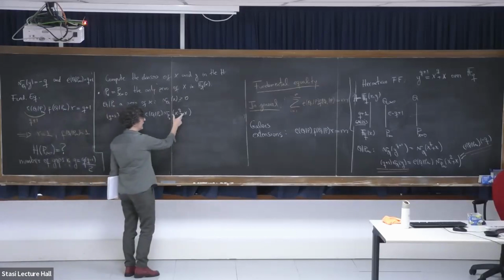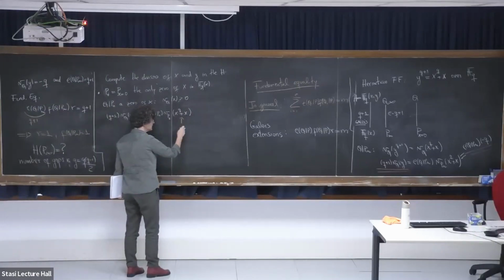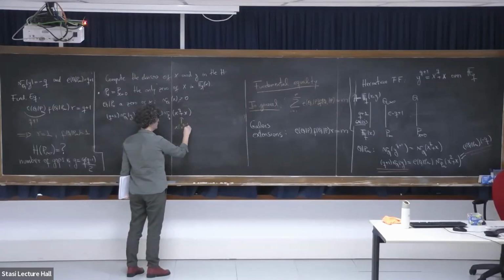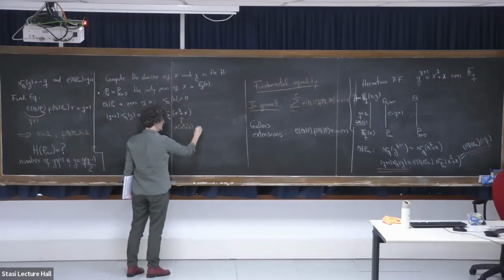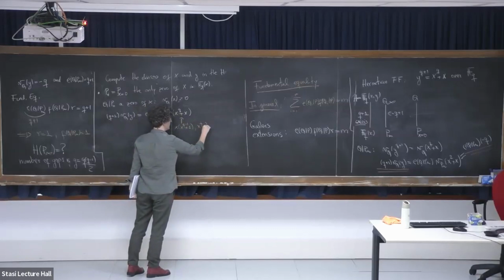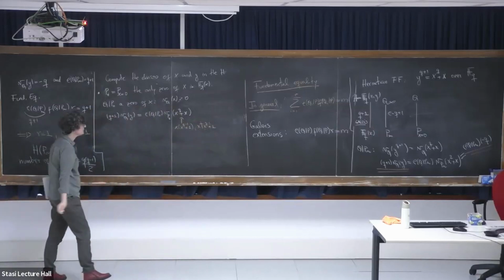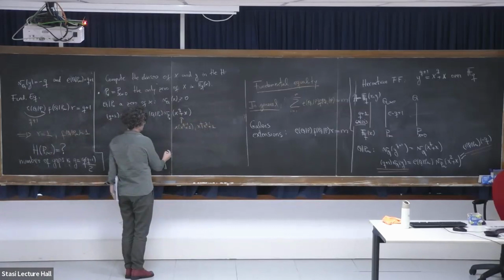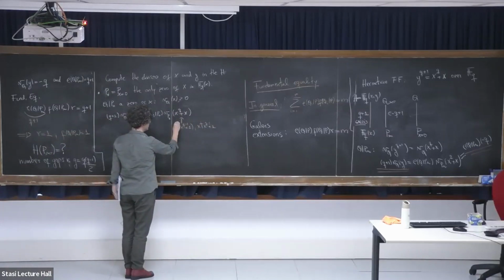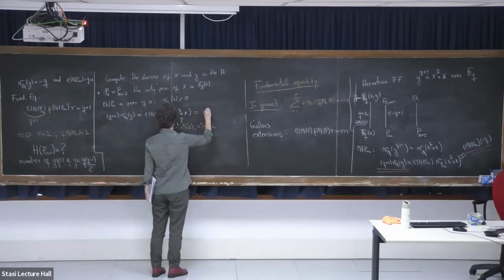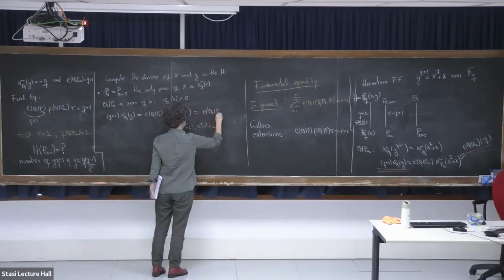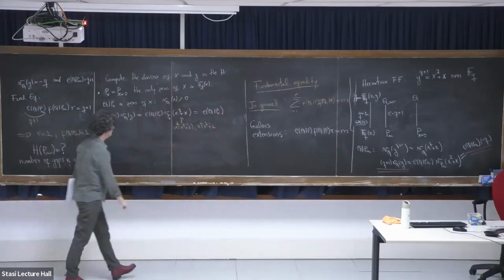I have to factorize this polynomial by x. But this polynomial is just x times x to the Q minus 1 plus 1. And of course, x does not divide this factor, because 0 is not a root here. Okay, so we have this. It means this function is x to the 1. So this is just 1. So I get this is equal to this. Okay.